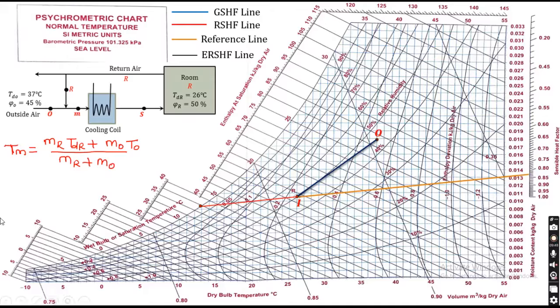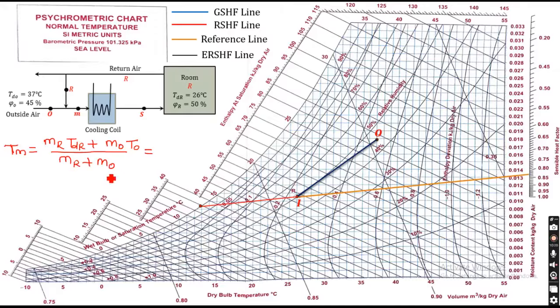Now in this problem the ratio is given on the basis of mass. So recirculated air is 80% and there is 20% only fresh air. So MO we can take as 0.2 and MR as 0.8, and total we can say is 1 unit mass per unit time, right? So based on this we can write the equation with the denominator as 1, because this is 0.8 and this is 0.2.